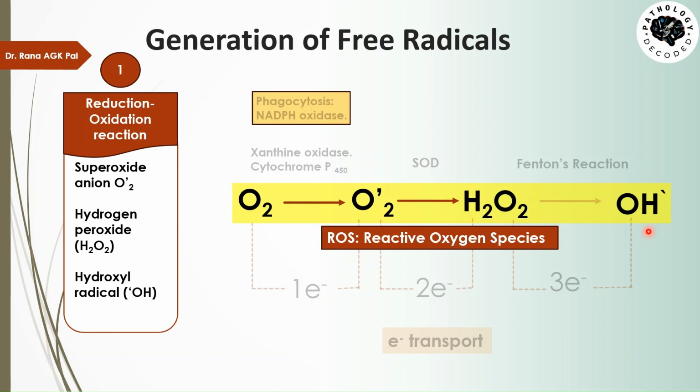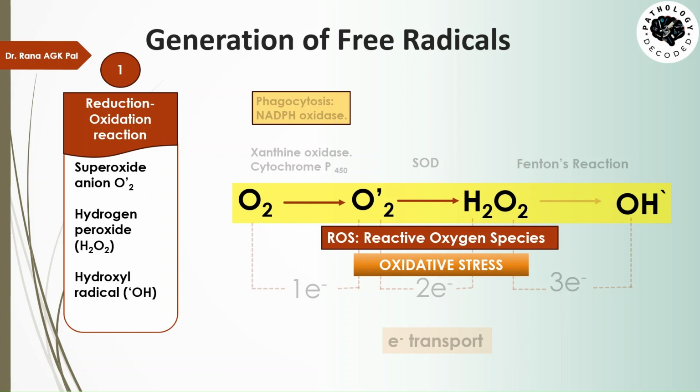Since these oxides, superoxides, etc., are generated at the time of oxidative reactions, these are also called reactive oxygen species. And when these reactive oxygen species are produced in larger amount than required, then we say that the cell is under oxidative stress.